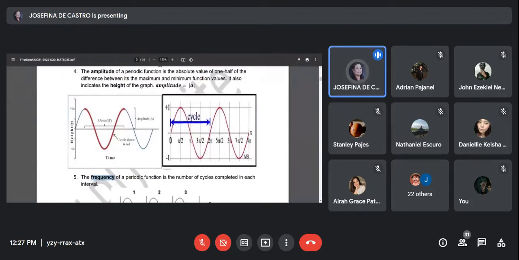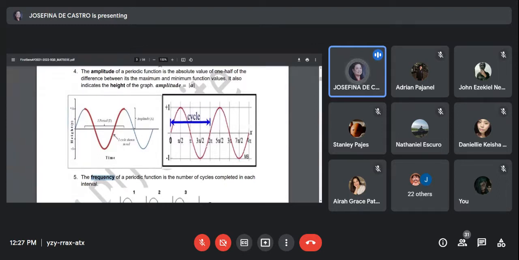So if you still remember the GenMath natin, when you say functions, y is equal to sine x, where x is the angles or the x coordinates: 0, pi over 2, pi, 3 pi over 2, 2 pi.